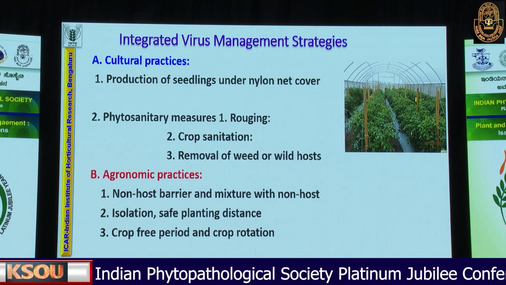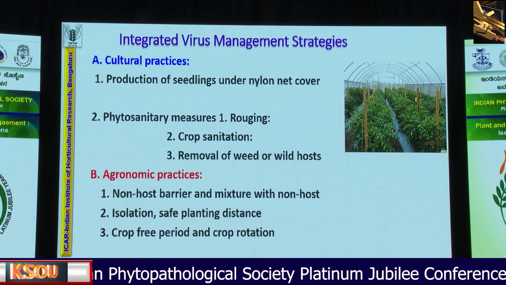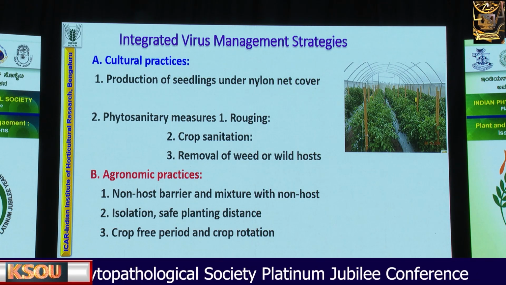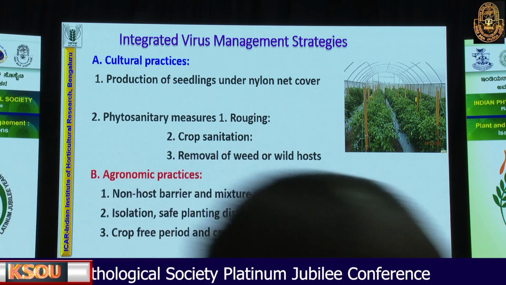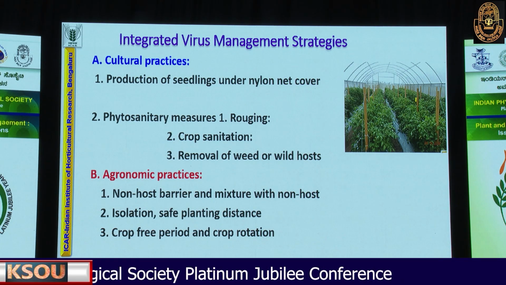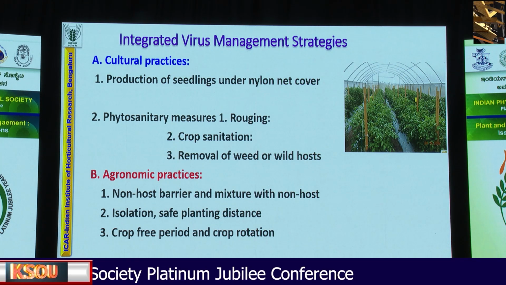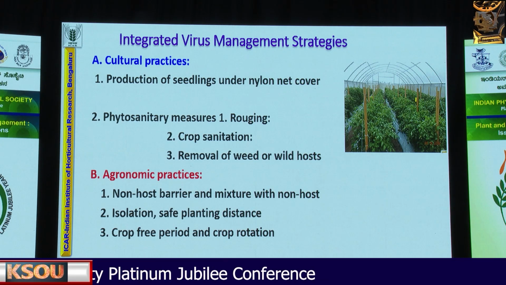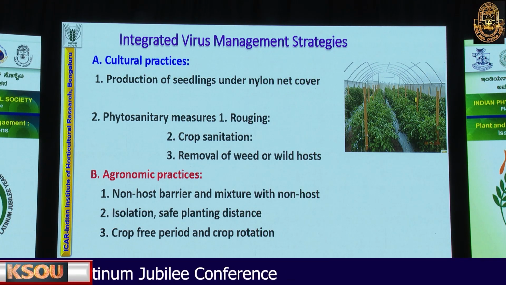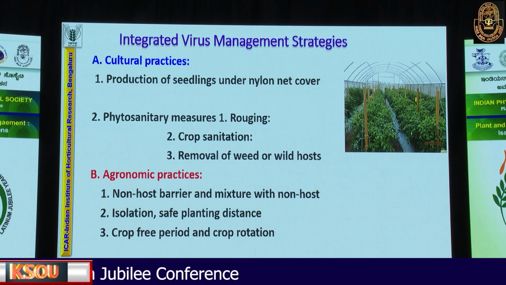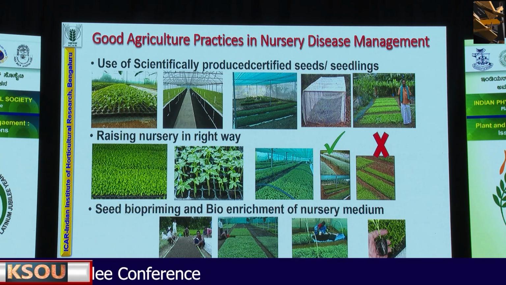Early eradication of diseased plants will also reduce the subsequent spread in the crop cycle. And agronomic measures like non-host barriers, especially cereal crops or tall growing crops grown on the border, can reduce at least the non-persistently transmitted, aphid-transmitted viruses.